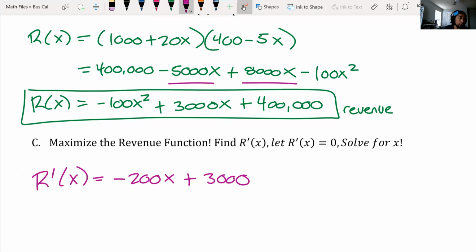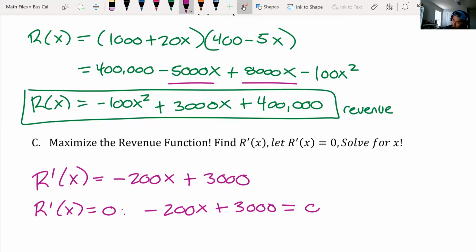Okay. And then all we have to do is set it equal to 0 and solve for x. So R prime of x equals 0, negative 200x plus 3,000 equals 0. I'll move that 3,000 over.